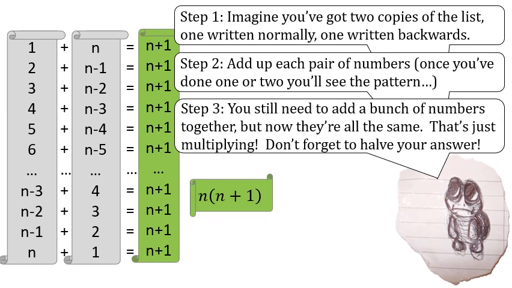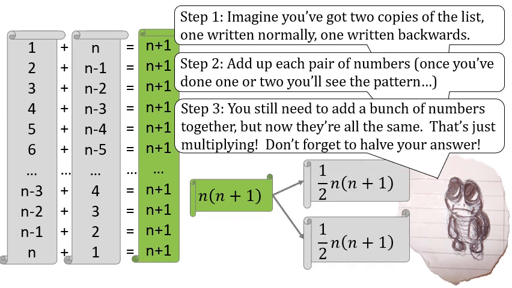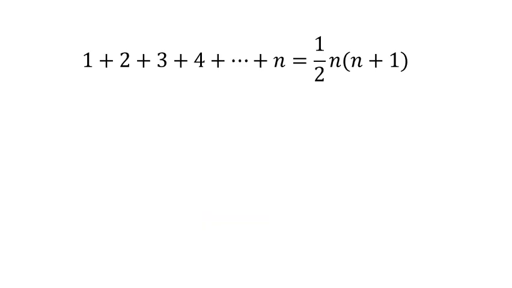And the final step, to find out the total sum for just one of the original lists, you divide by 2. So here we go. We have a half n times n plus 1. In general, we can write it like this. 1 plus 2 all the way up to n is equal to a half times n times n plus 1.